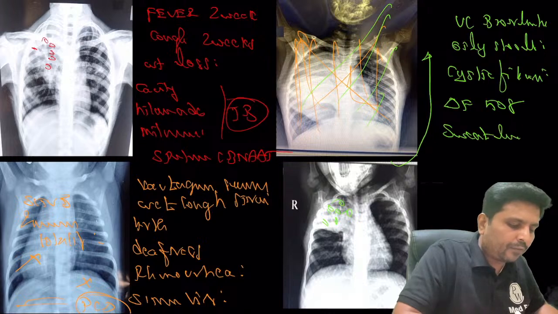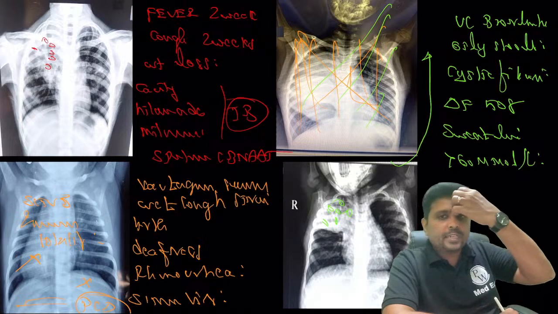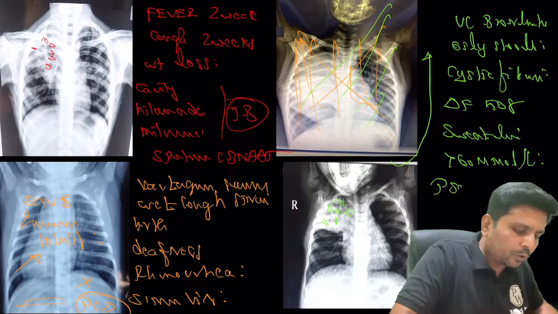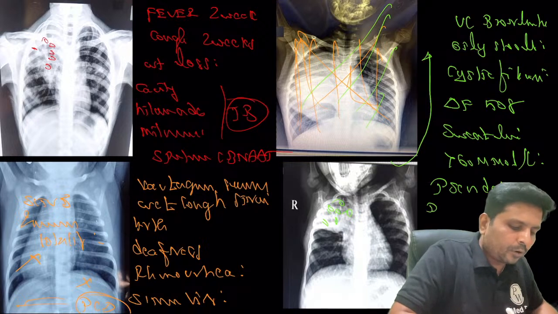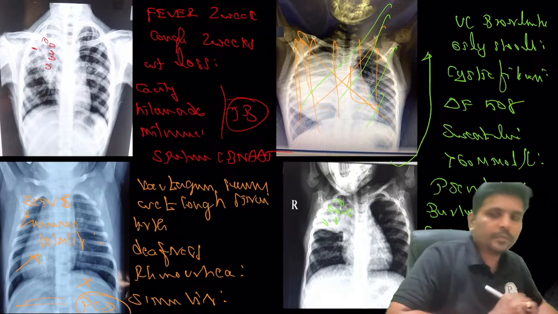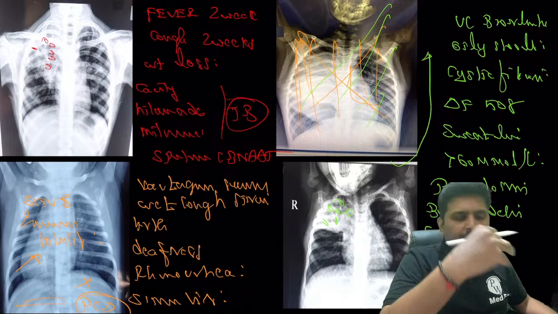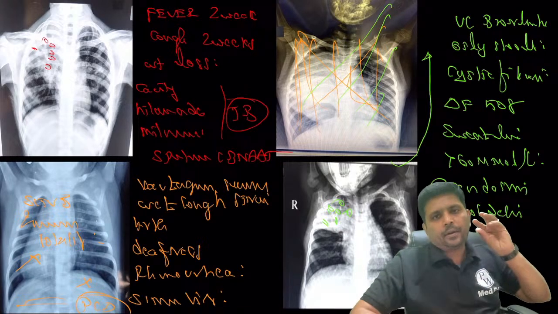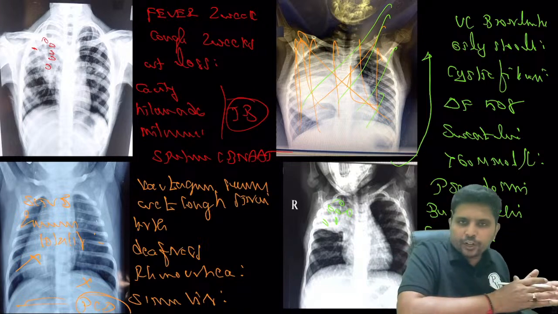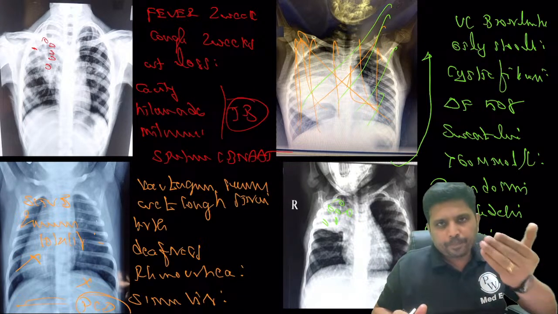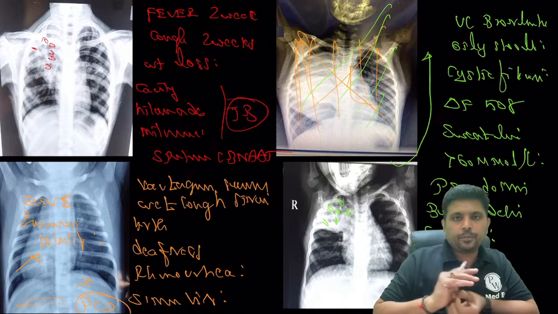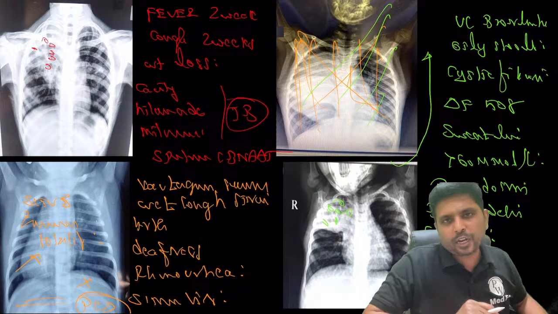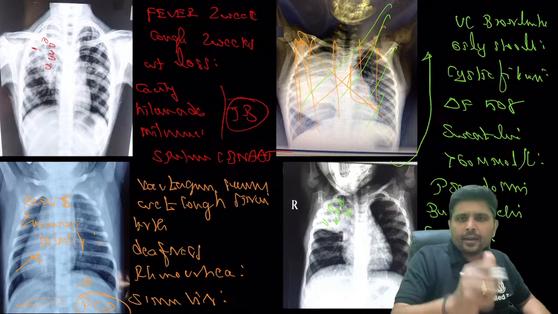A sweat chloride of more than 60 millimole per liter. Cystic fibrosis patients are more prone to Pseudomonas and Burkholderia cepacia. So upper lobe cavity: TB. Wet cough, dextrocardia: primary ciliary dyskinesia or Kartagener syndrome. Upper lobe bronchiectasis with oily stools: cystic fibrosis. Okay? Right.